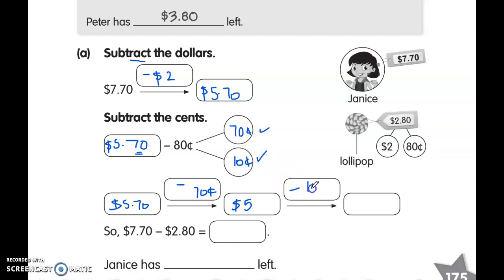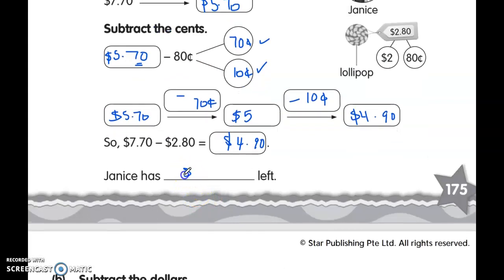So you take $5 minus 10 cents, you should get, if you need to do your working, you can do it here. Otherwise, if you use your mental sum, it's $4.90. Okay. So Jenny has $4.90 left. Now, if you need to pause here, you may pause before I move on to the next question.